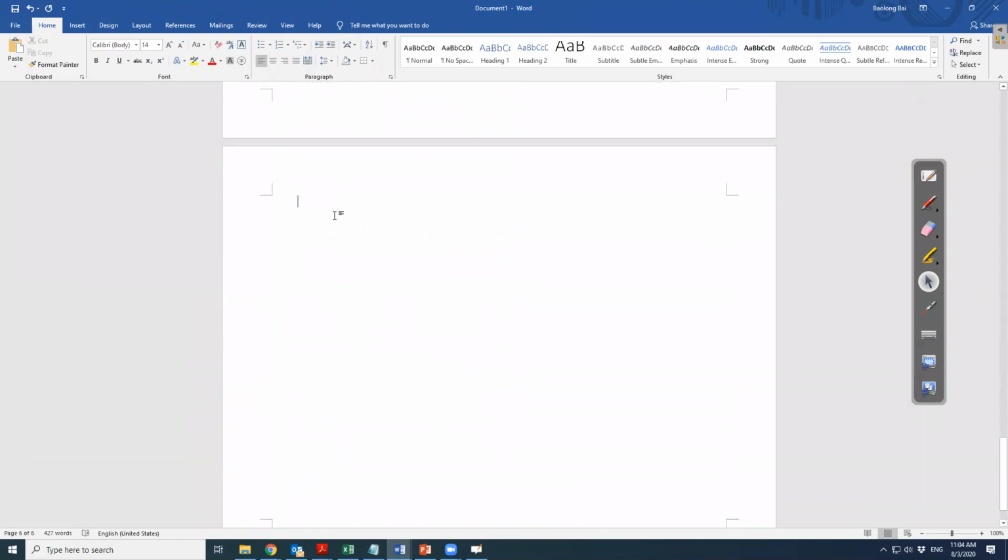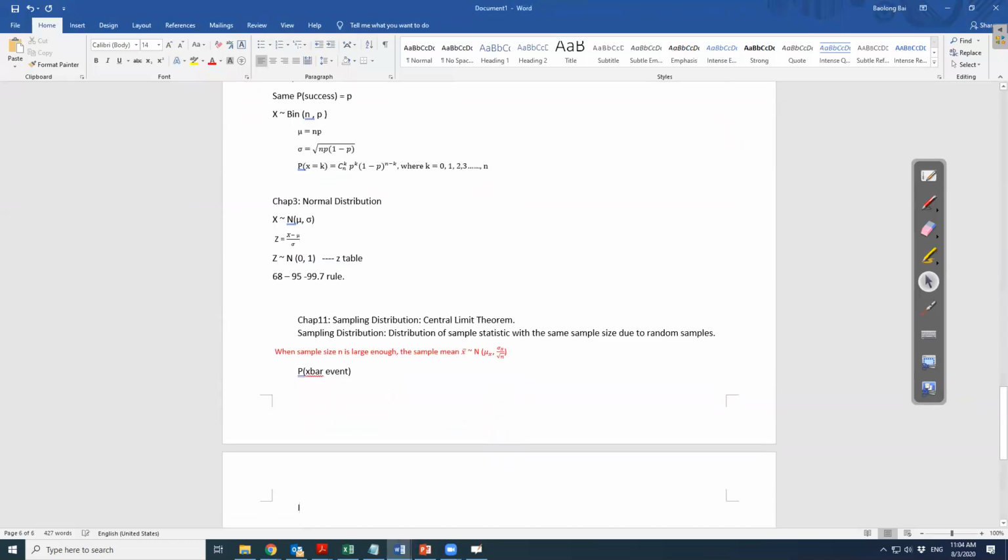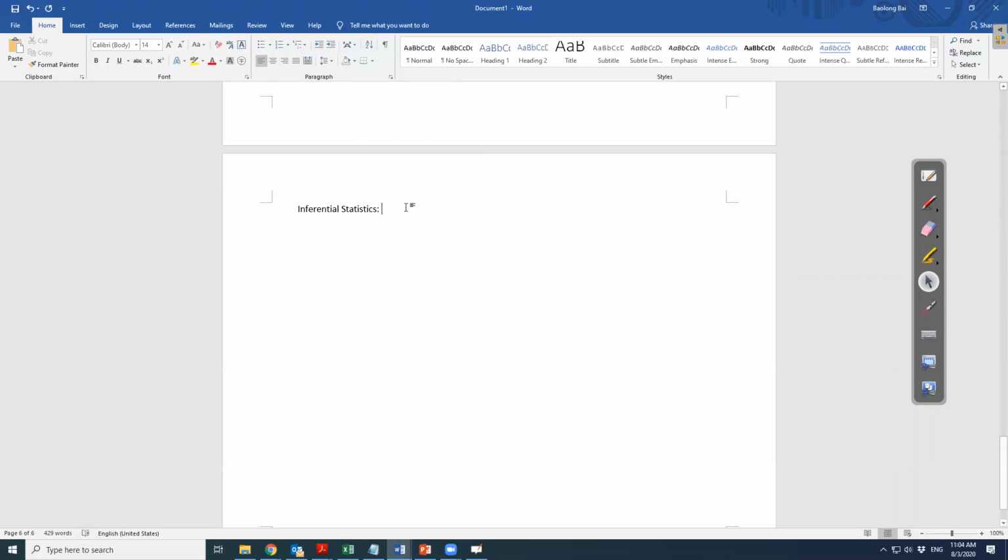Now we're going to focus on inferential statistics. What's inference? Inference is a process to draw conclusions toward the population. If you're trying to draw a conclusion toward a population, inevitably, you have to do an inference.